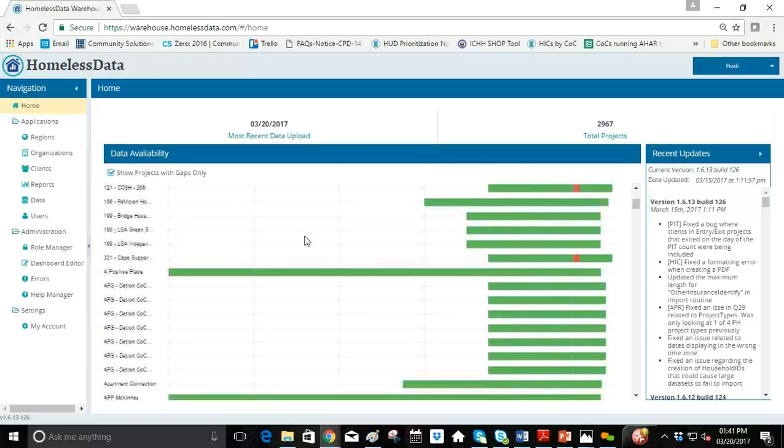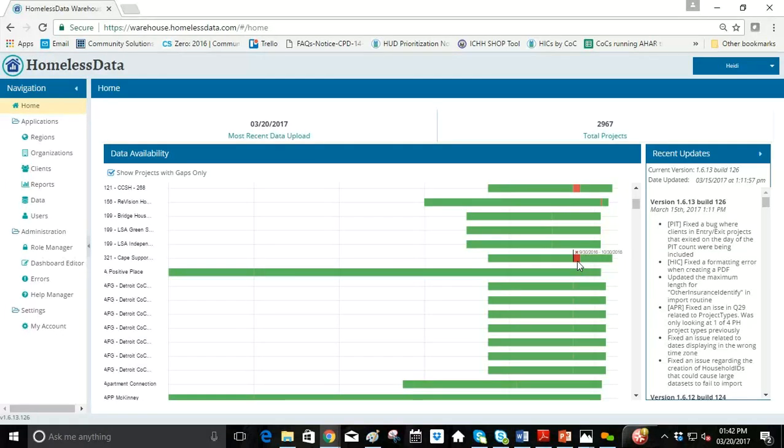Now, there are some considerations to be made when you're going to run your reports. One of the key pieces is the idea of data gaps. That's why we put it up front. If there is a gap in your data history, you could have someone who exited during that time period, or an incomplete enrollment during that time period, that wouldn't get picked up by the reports.